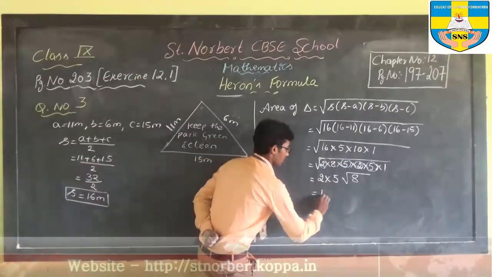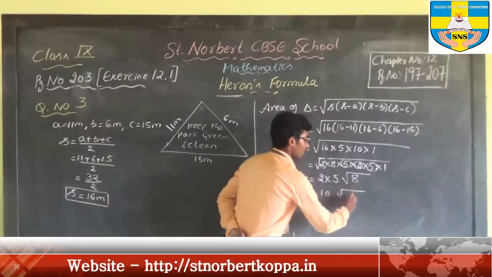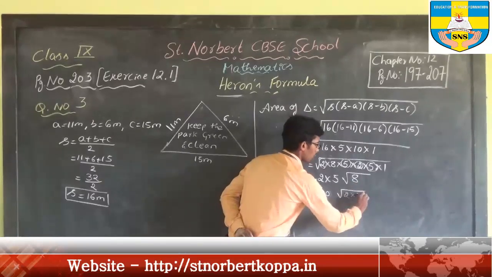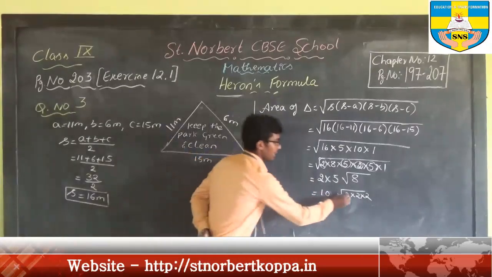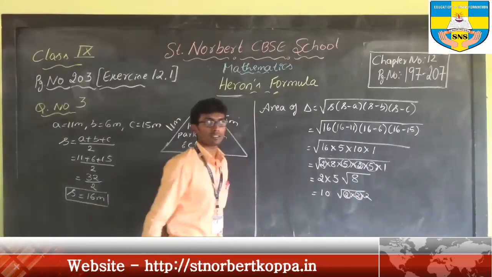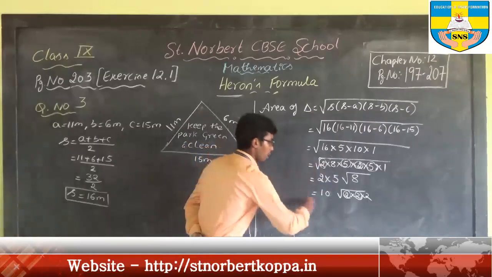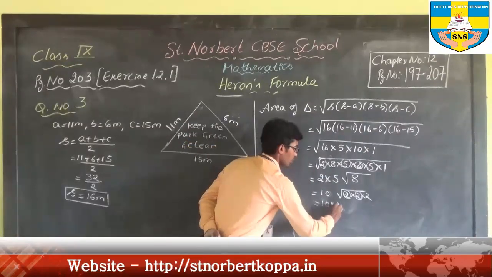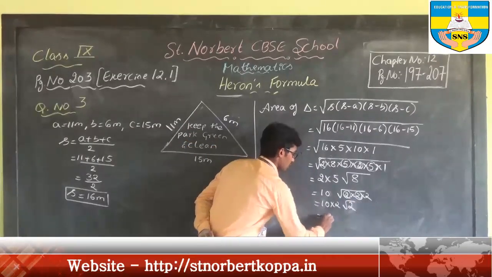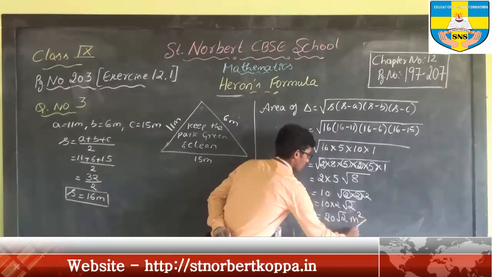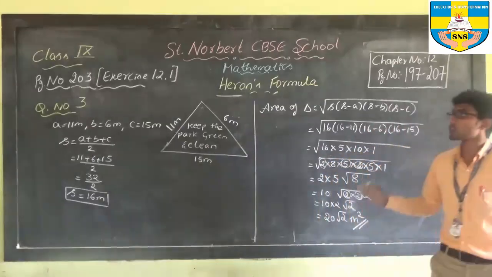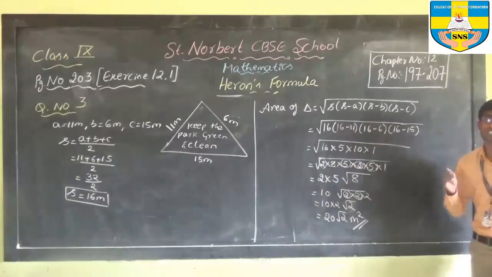This is nothing but 10. 8 can be written as 2 into 2 into 2. 2 2s are 4, 4 2s are 8. Again you can make 2 and 2 as one group, take outside the square root, it will become 10 into 2 into 2. That is 20 root 2 meter square. This is the answer for question number 3 of exercise 12.1.